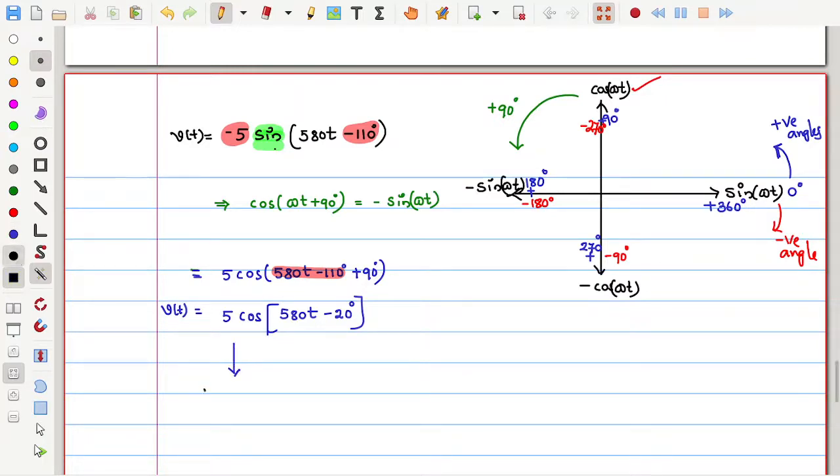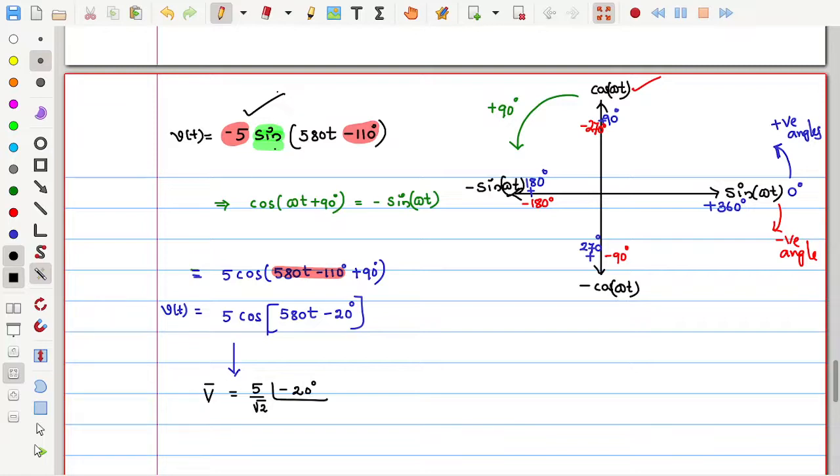Once we go with the phasor, we write a capital letter with a bar on top of it, and we look for the magnitude, and the magnitude should preferably be the RMS value. So 5 by root 2, and the angle is minus 20 degrees. So this is the phasor form of the given signal V of t.